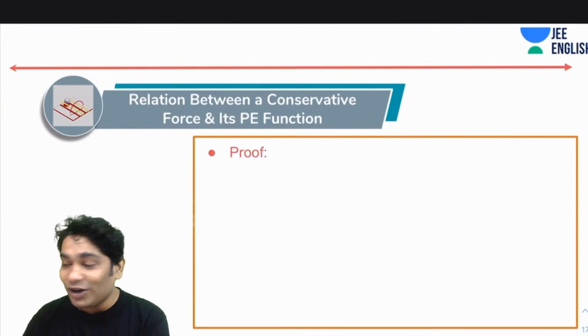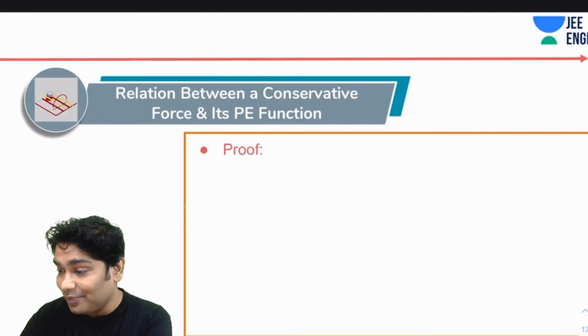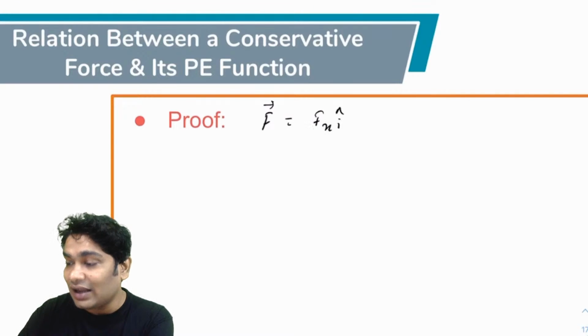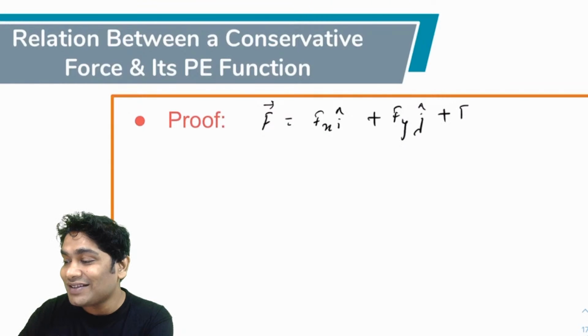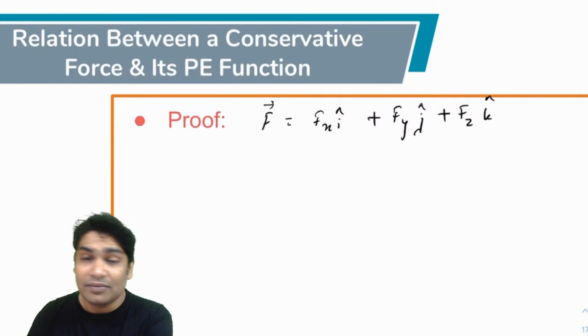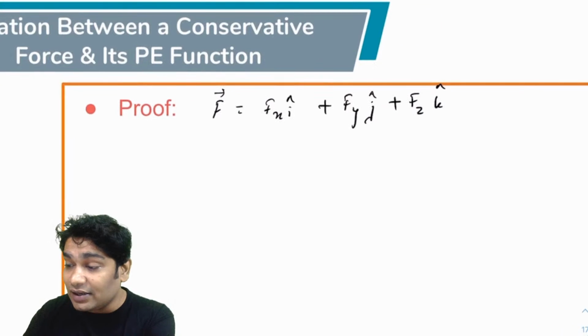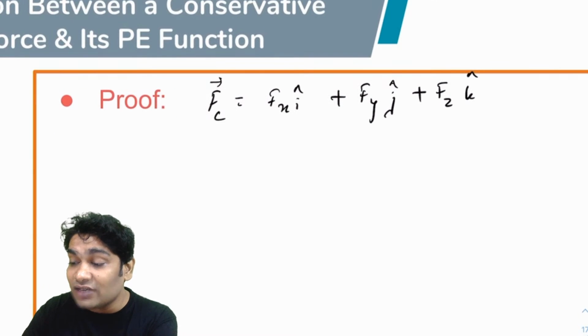So we're going to talk about the proof. Let's say you have a force vector F which is given as Fx i cap plus Fy j cap plus Fz k cap. So I am imagining a general 3D force. And let's imagine that this is my conservative force, by the way.